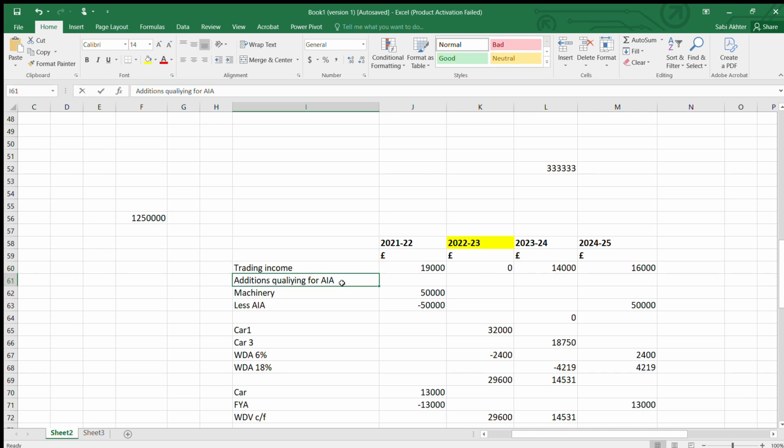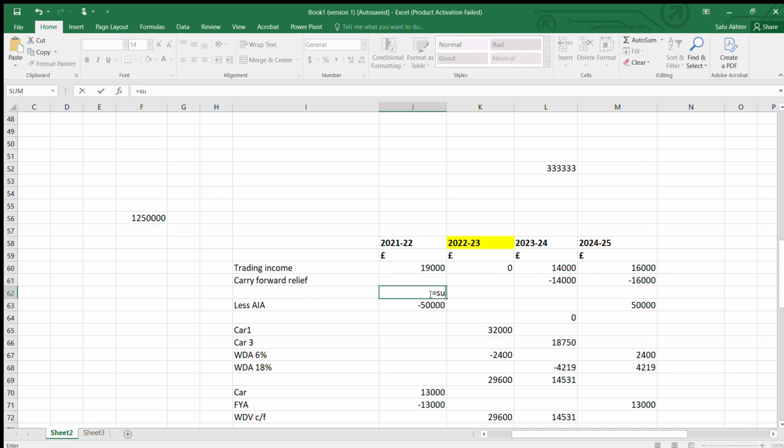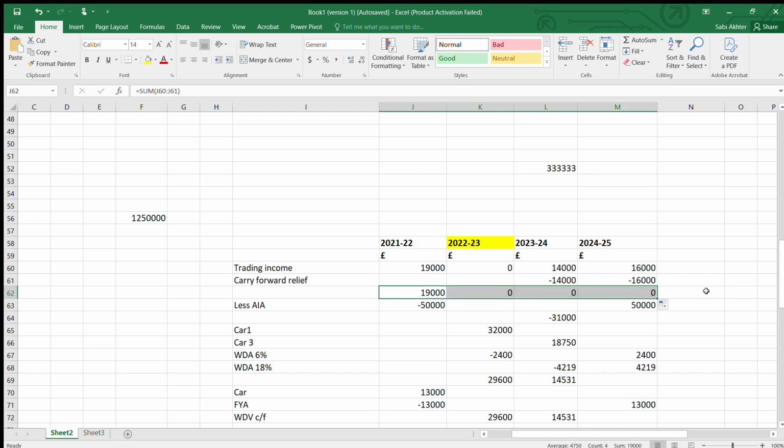So here, carry forward relief, against 14,000 and 16,000. Done. Now I'm going to do the sum function and copy it to the other cell.